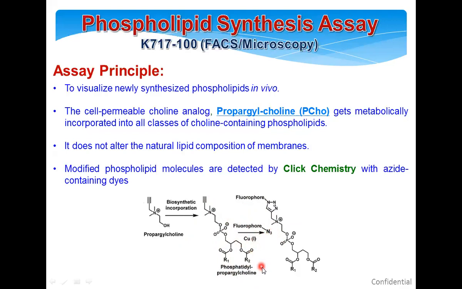This is all after cell fixation. After everything is done, you are analyzing the fluorophore. So this is the modified phospholipid, with a fluorophore attached to it, and that's how you're studying phospholipid synthesis.